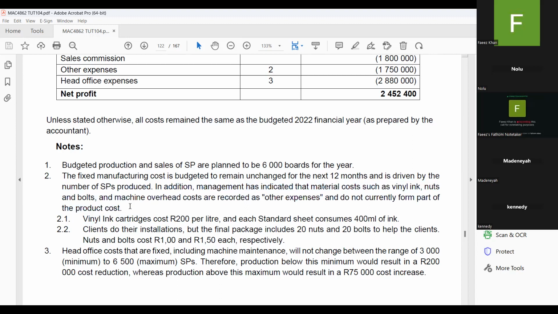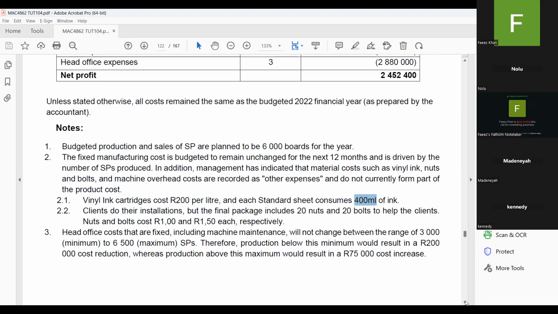Vinyl ink cartridges are 200 Rand per liter, and each standard sheet consumes 400 milliliters. So here you can see the cost is based on a per liter, but the quantity is based on milliliters. So we convert the quantity to reflect liters. Clients do their installations, but the final package includes 20 nuts and 20 bolts. Nuts cost 100, bolts 150.